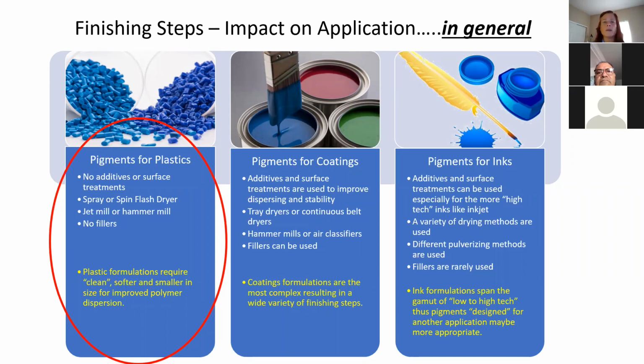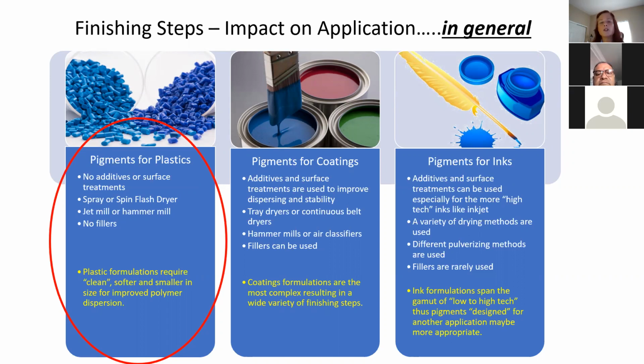So we want to make sure that the colorant is dispersed easily and quickly to its utmost quality as is possible. So we typically do not use additives or surface treatments, although this is in general. There might be some that have it.